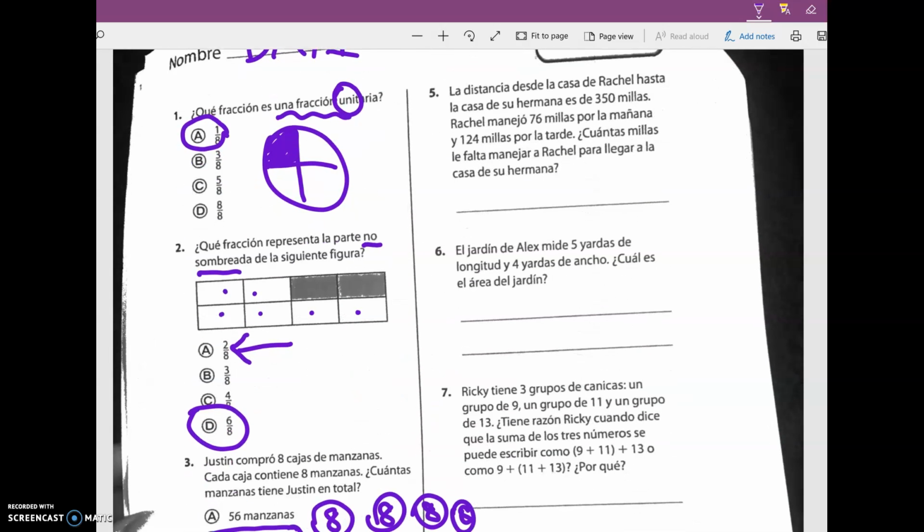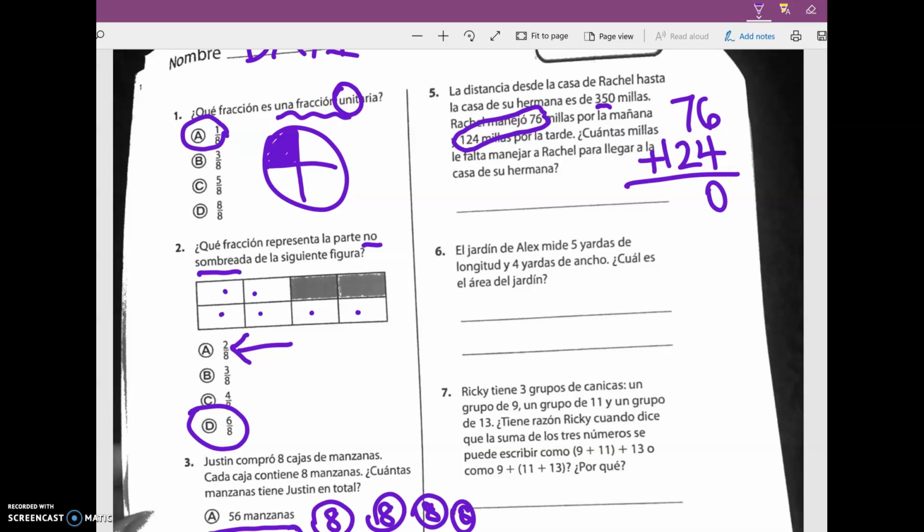Aquí 5. La distancia desde la casa de Rachel hasta la casa de su hermana es 350 millas. Rachel manejó 76 millas por la mañana y 124 millas por la tarde. ¿Cuántas millas le falta manejar a Rachel para llegar a la casa de su hermana? Primero vamos a sumar las millas que ya ha conducido. Más 124.